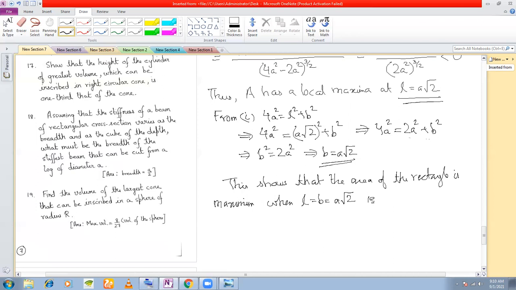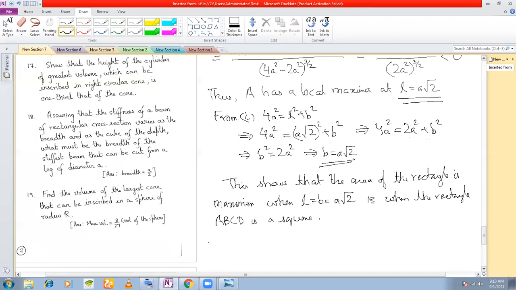That is when the rectangle is a square. Right? That's it. That is what you wanted to show.